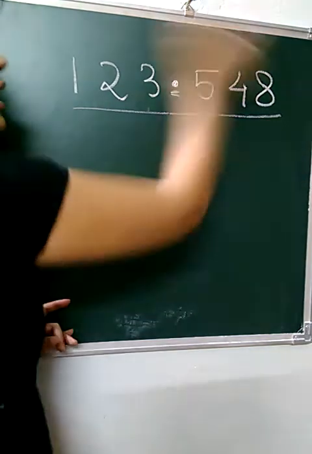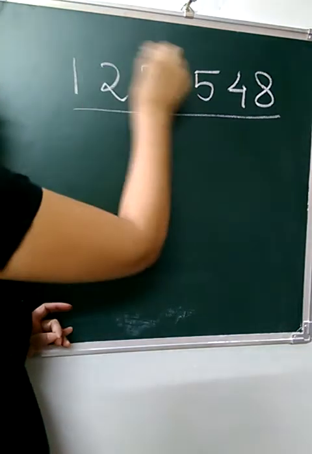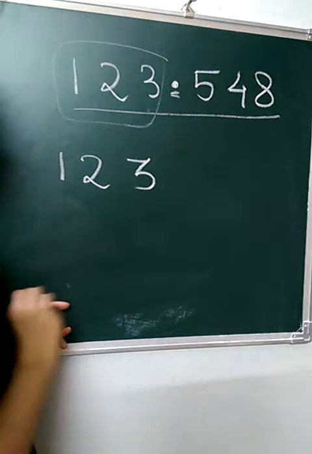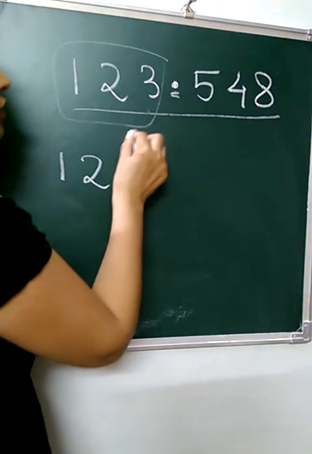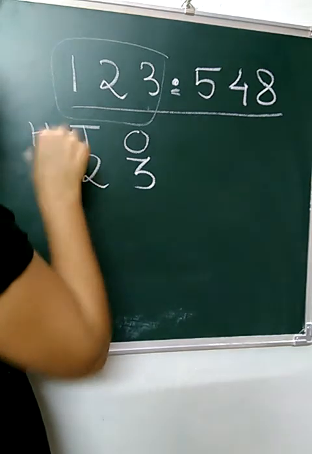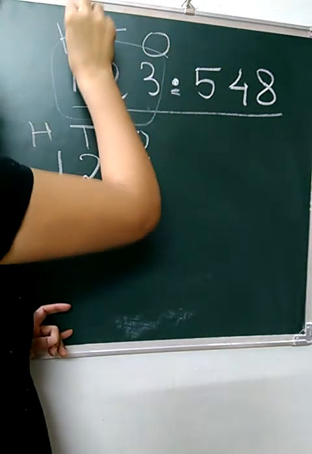Now, since it's a number, it must have its place value. Yes. So, this is a whole number. That means 123. That means its place value is ones, tens, hundreds. That is ones, tens, hundreds.